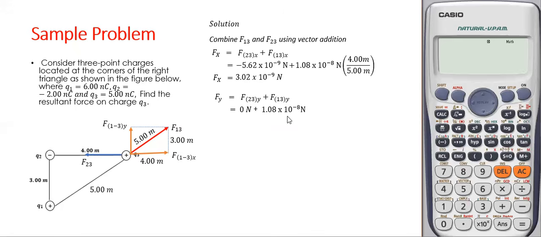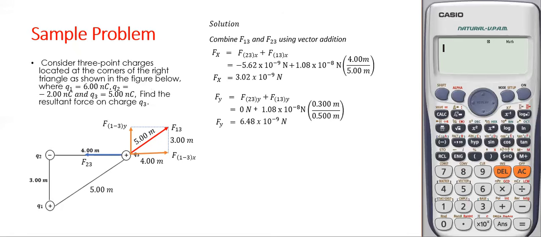Plus, yung vertical component ni force F1 to 3, and that is equal to 1.08 times 10 raised to negative 8 Newton multiplied by the definition of sine. Ang definition ng sine natin is opposite over hypotenuse. So ang opposite nga natin dito ay yung 3 meters at ang hypotenuse ay yung 5 meters. So summation of forces along y, that is equal to 6.48 times 10 raised to negative 9 Newton.